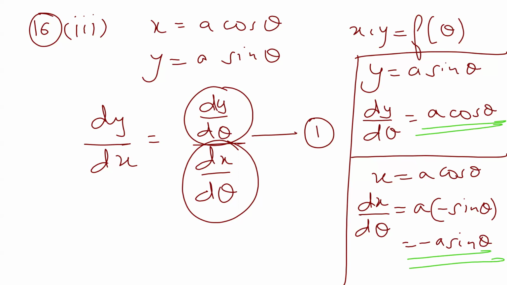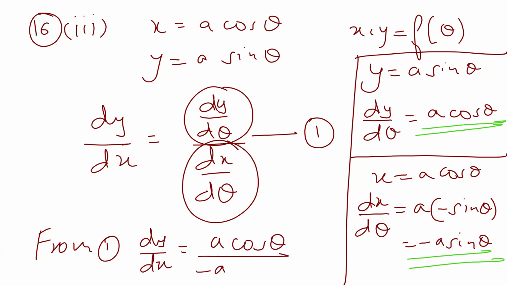So from equation number 1, dy by dx is equal to a cos theta upon minus a sin theta. So a is getting cancelled. So dy by dx is equal to minus cot theta.